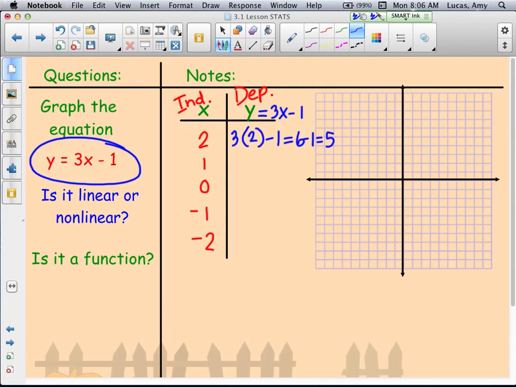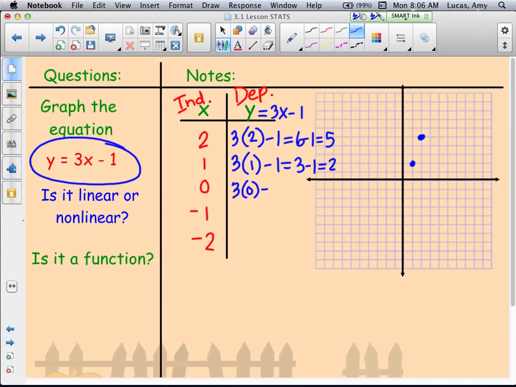So now that ordered pair is (2, 5), which you would graph right here on my coordinate plane. The next independent value is 1, so 3 times 1 minus 1, or 3 minus 1, is 2.